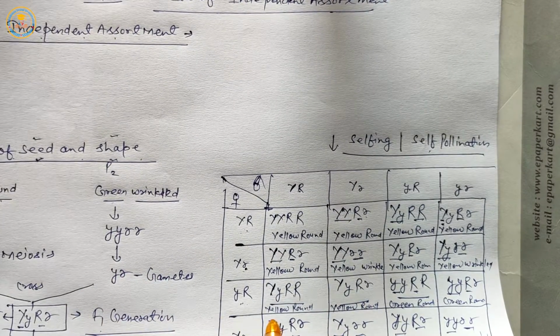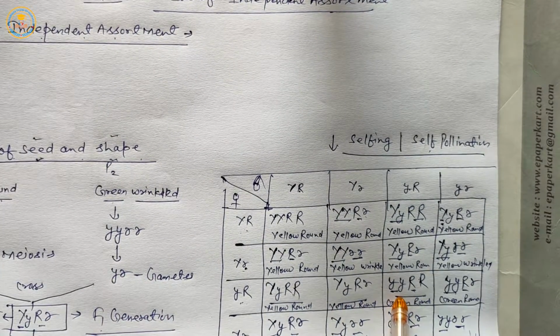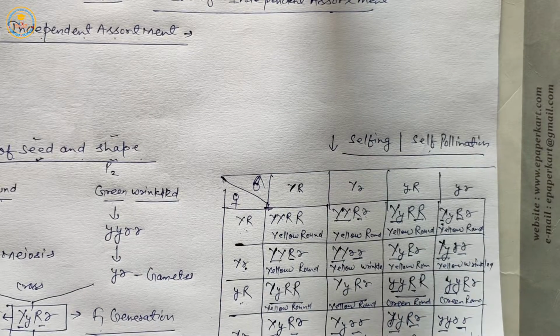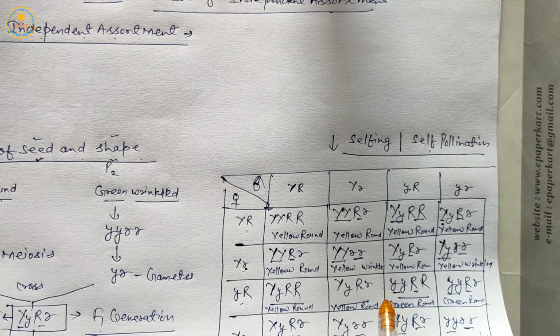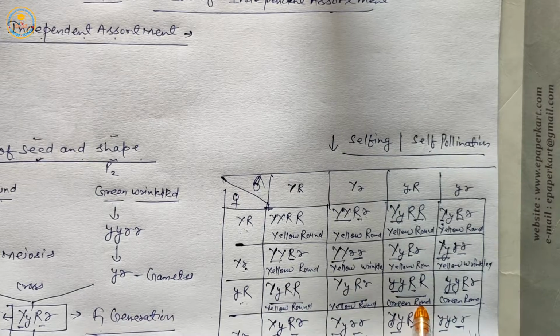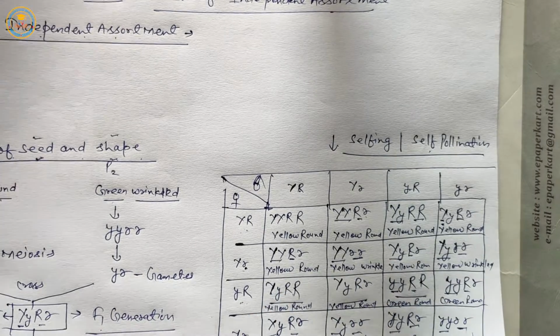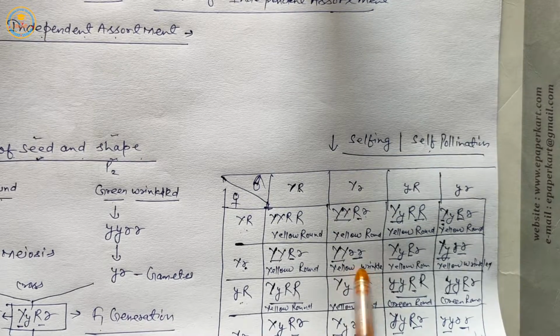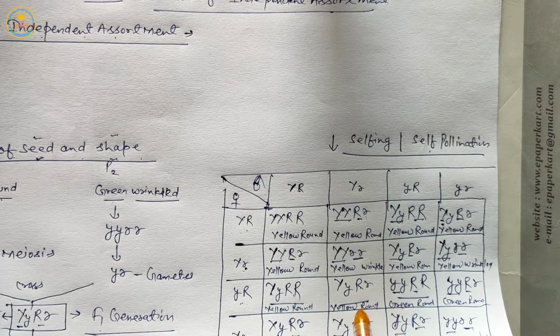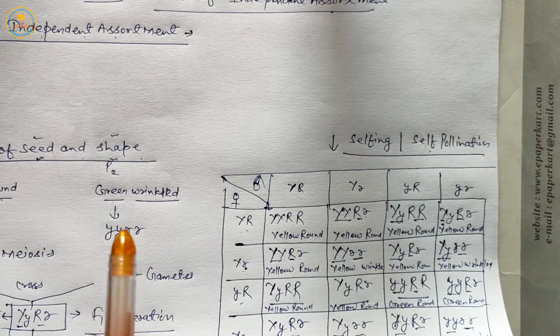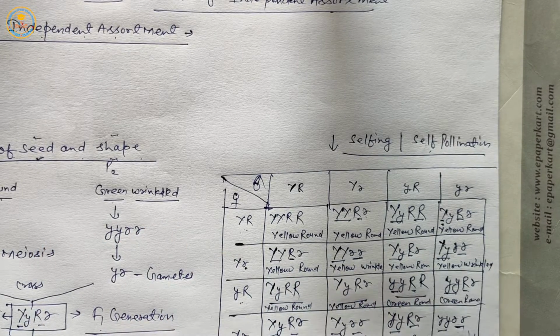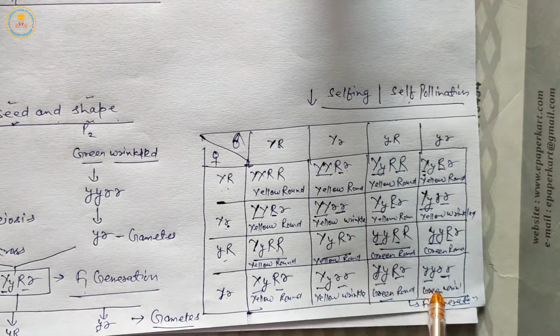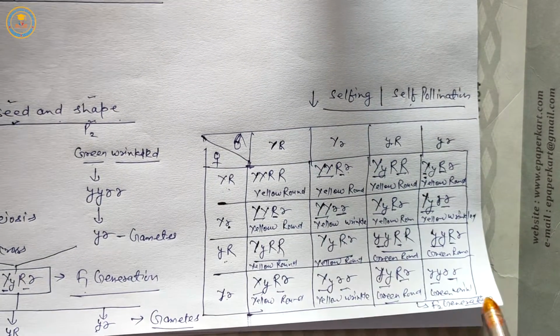Second, green round, first, second and third, only 3 plants are formed. And next, yellow wrinkled, first, second, third, only 3 plants form in F2 generation. And only a single plant is green and wrinkled.